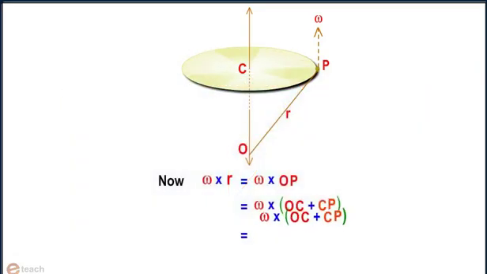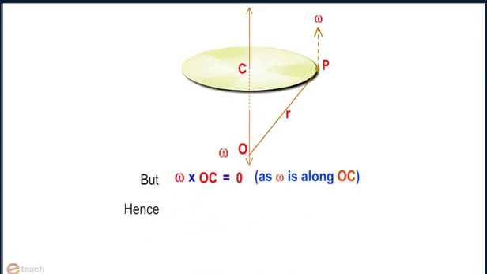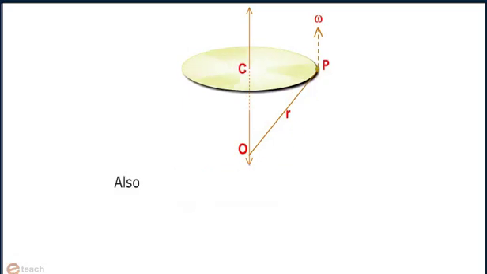On solving further, we get omega cross OC plus omega cross CP, but omega cross OC equals 0 as they are along the same line, that is OC. Hence, omega cross r equals omega cross CP. Also, the modulus of omega cross CP equals omega CP as theta equals 90 degrees.